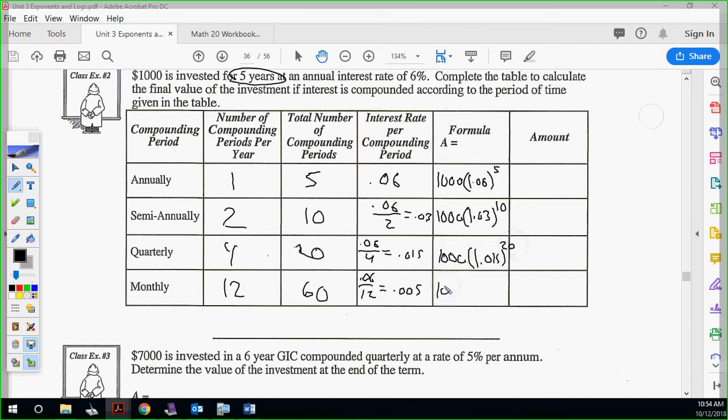And then 1,000 times 1.005 to the 60th. Remember, the exponent is the total number of periods, so you still use those numbers. When you calculate those totals, you're going to see the growth here.